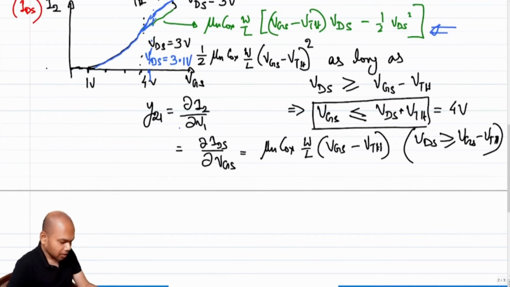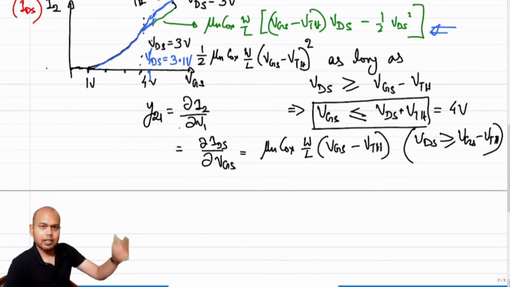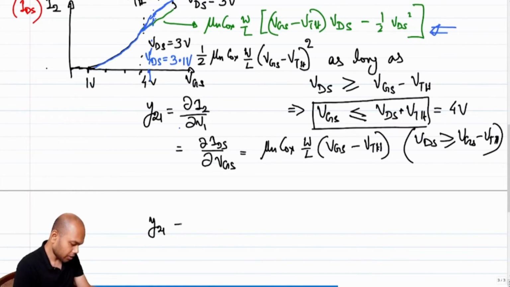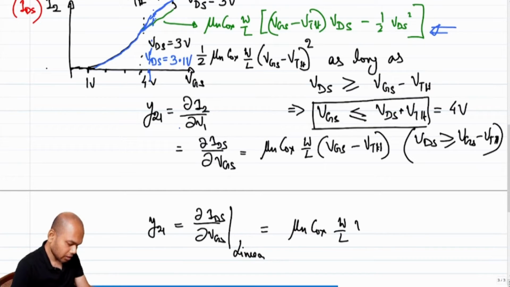Okay, so given that we corrected that in time, let me ask you this: what's going to be my Y21 when I am in that linear region of operation? It's straightforward, so we can simply do Y21 equal to del IDS del VGS in linear region, which will be nothing but mu n Cox W over L times VDS.